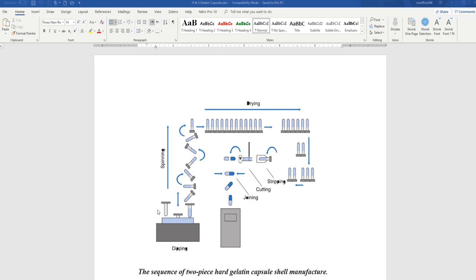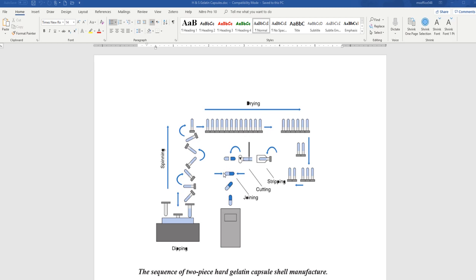Which one is larger, the diameter for body or for the cap? Remember I told you that the diameter of the cap is larger than the diameter of the body, and that's why the cap slides over the body of the capsule. So it will be cut or trimmed to the appropriate size.